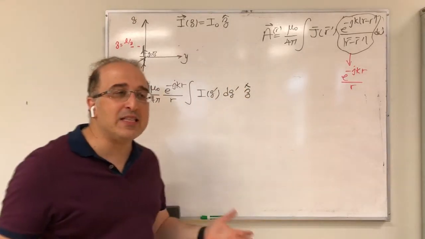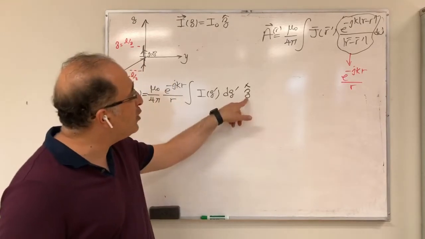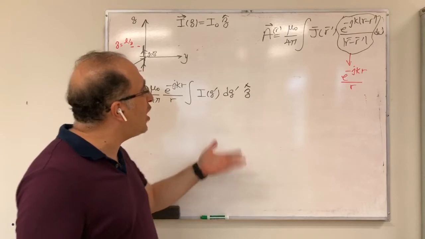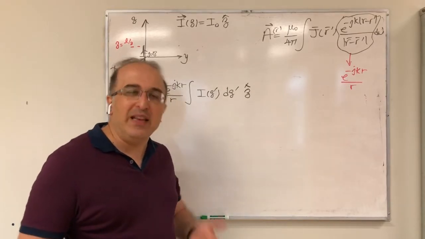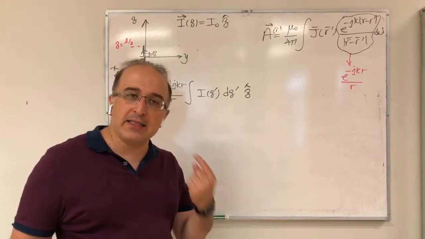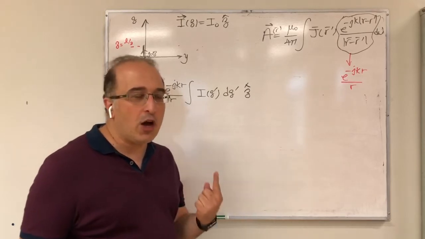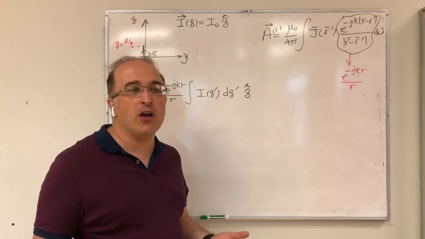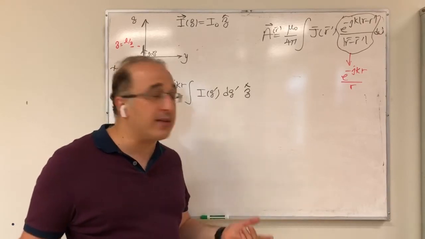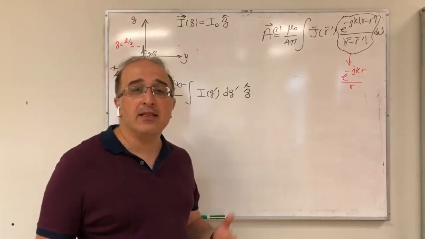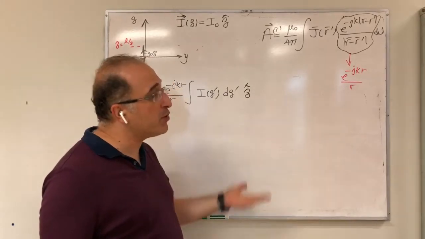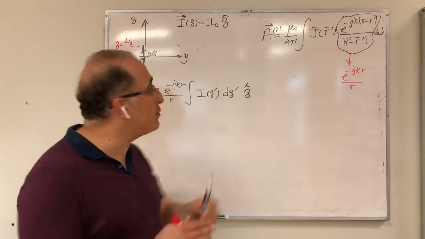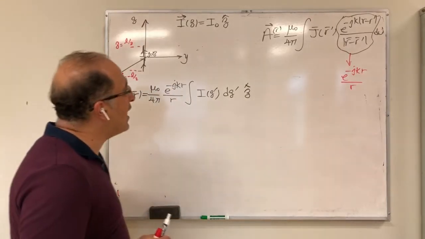At this point, sometimes I get the question why you didn't write z prime hat. And the reason is that z prime hat is somehow meaningless, because z hat is an established direction that does not change based on whether you call something a prime coordinate or a non-prime coordinate. Z hat is Z hat, so we keep it as Z hat. If you want to write Z prime hat, then at the end you have to change it to Z hat, because Z hat is the established direction along the Z axis.